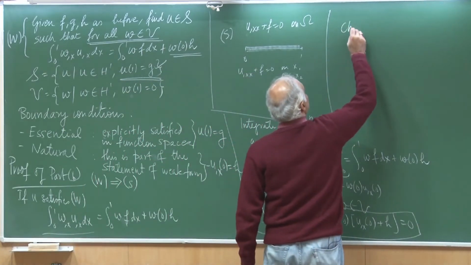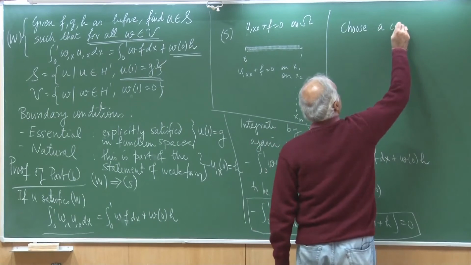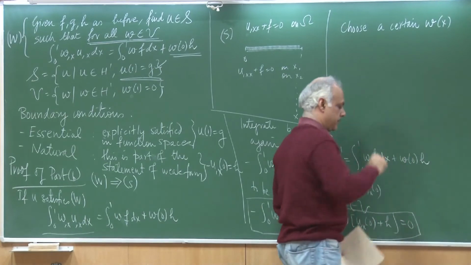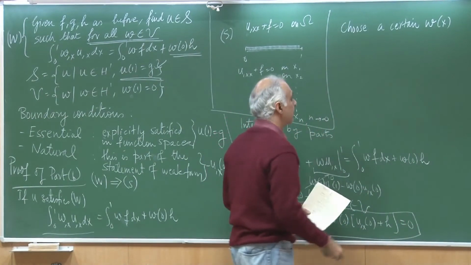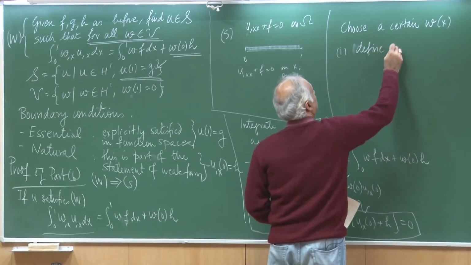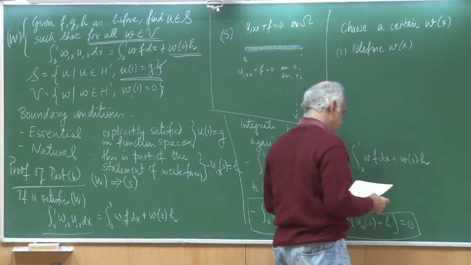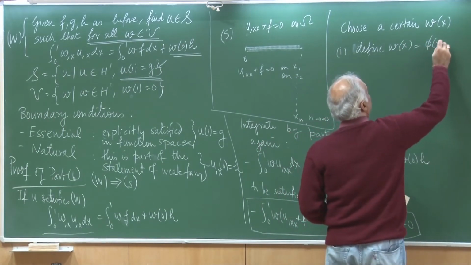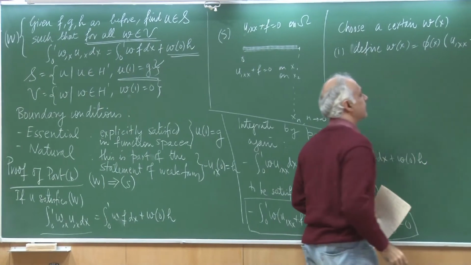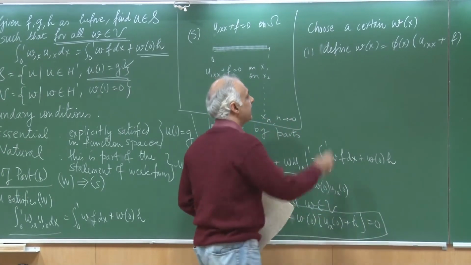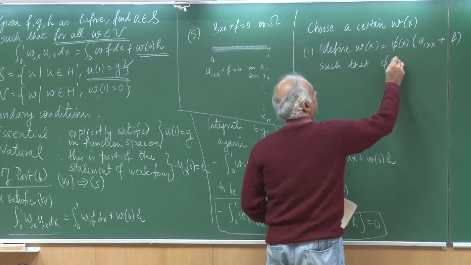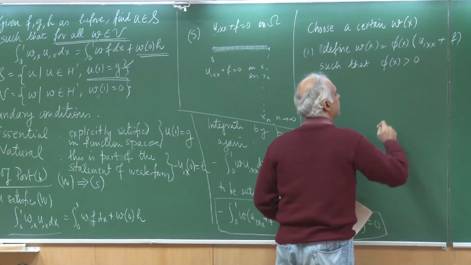We will choose a certain w of x. So, let us do that. First I will define w of x as phi of x times u comma x x plus f, such that phi of x is always greater than 0.